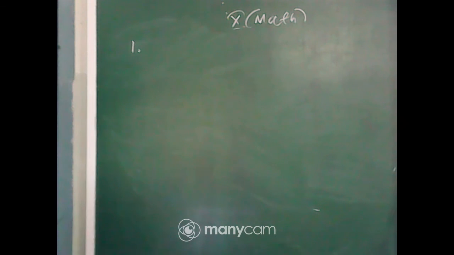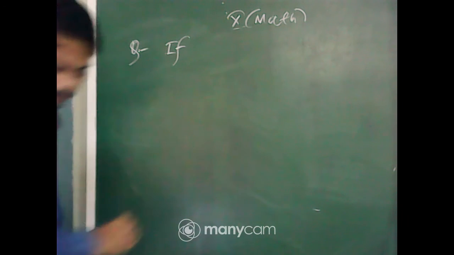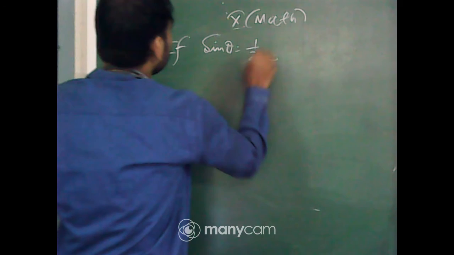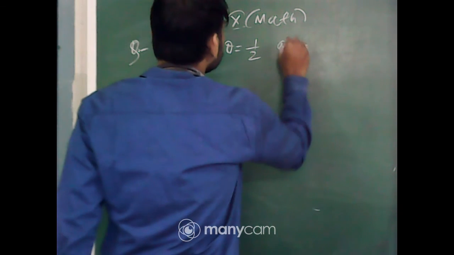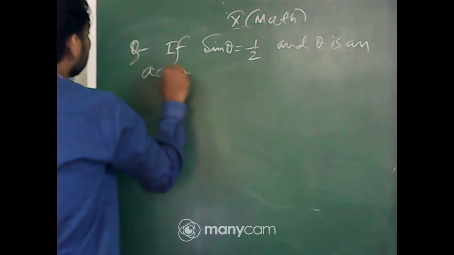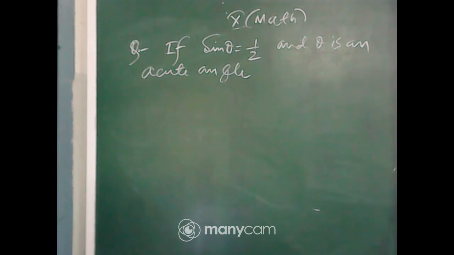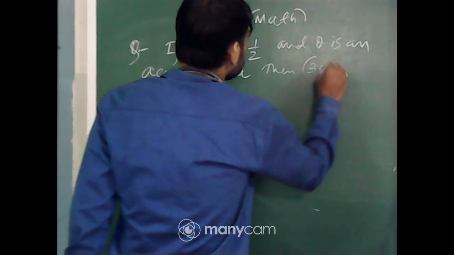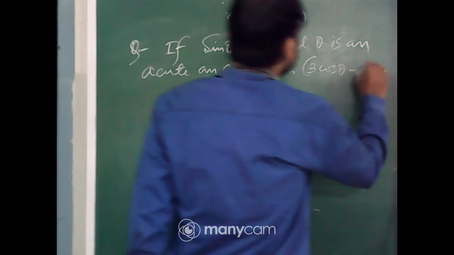Next one: if sin theta equals 1/2 and theta is an acute angle, then 3 cos theta minus 4 cos cube theta equals.